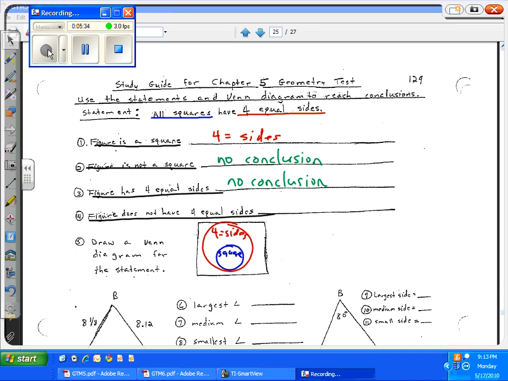Now, if it does not have four equal sides, then it has to be outside the big circle. Now, if it's outside the big circle, there's no way it can be inside the little circle. So if it does not have four equal sides, we can reach a conclusion, and the conclusion is that it is not a square.